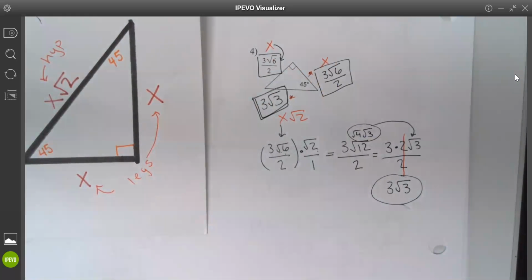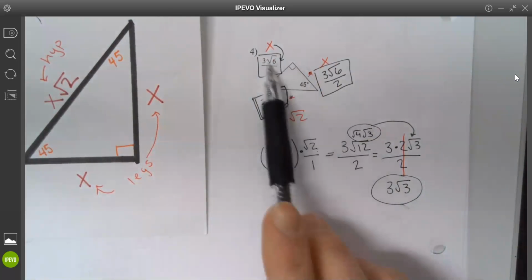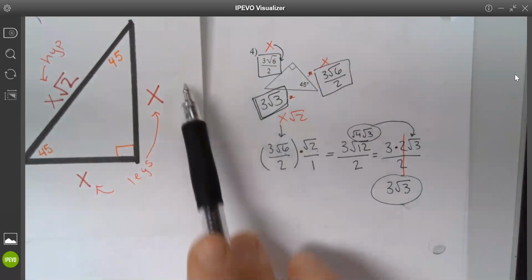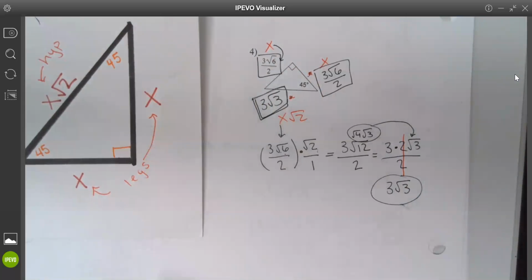Yeah, Connor? Do you always cross out the x and the y? Yeah, I mean, you don't have to, you can leave them there, but you're basically ignoring them. You have to find both sides, but sometimes it confuses students because these are different x's that we're talking about. This is just the pattern around the outside. So if you don't want to look at them, don't look at them.